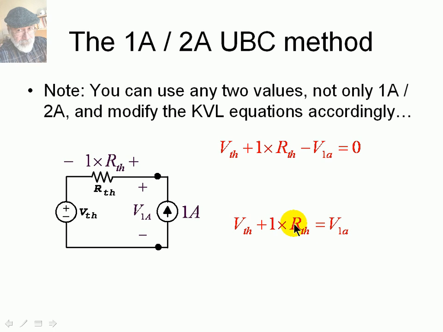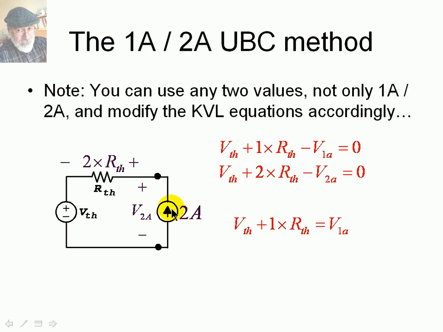another one. Easy. We repeat the test with a 2 amp current source, and a voltage V2A at the 2 amp source appears here. That current produces a voltage drop with the same polarity but twice as big in that resistor. We write a KVL equation in that loop, this one. And again, V2A is obtained from the actual circuit.